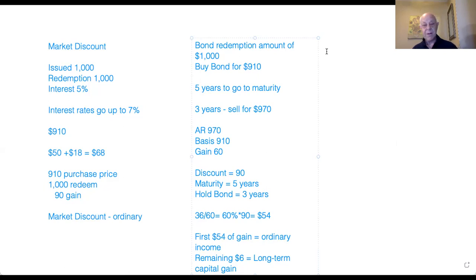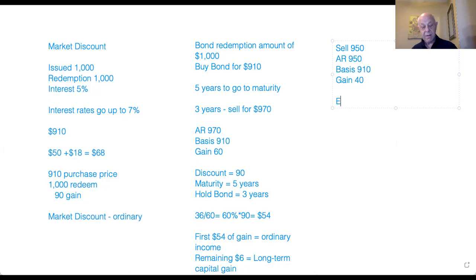Now, what if I sell the bond? So it's the same bond, but now we're selling it for $950. So again, my amount realized is $950. My basis was $910. I have a gain of $40.